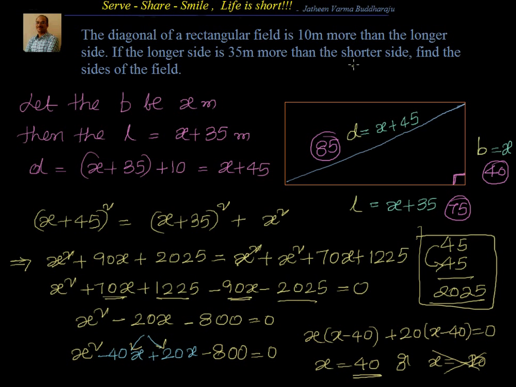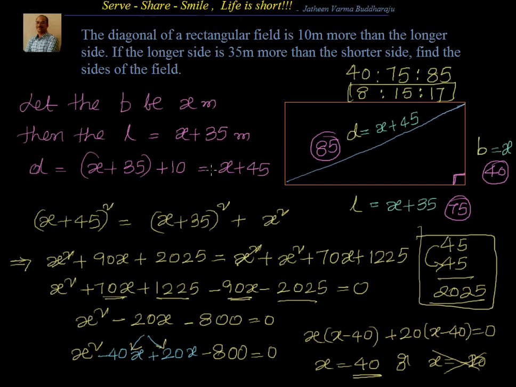We will see that 40 is to 75 is to 85. You divide by 5, you will get 8 is to 15 is to 17, which is a Pythagorean triplet, 15, 8, 17. So we are good to go.